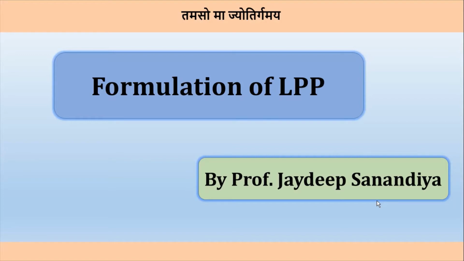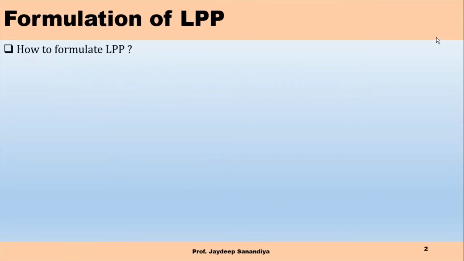Here LPP stands for linear programming problem. So let's start. In order to solve the linear programming problem, you need to formulate the problem, then find out the initial basic feasible solution, and then check for optimality. So these are the steps. In the first step, you have to formulate the problem.